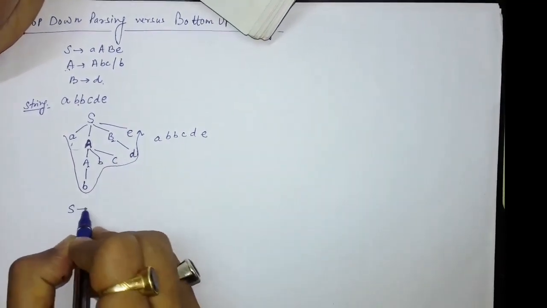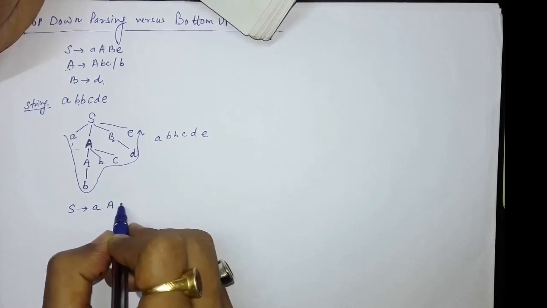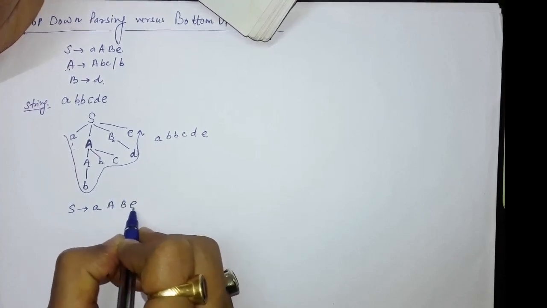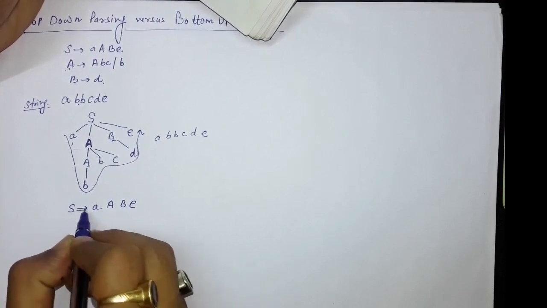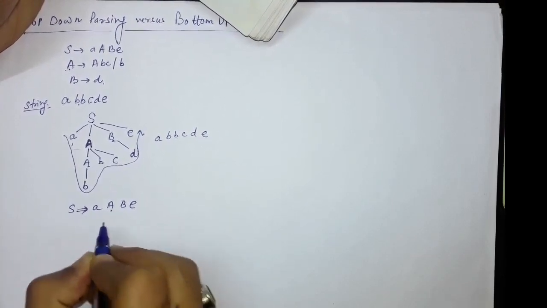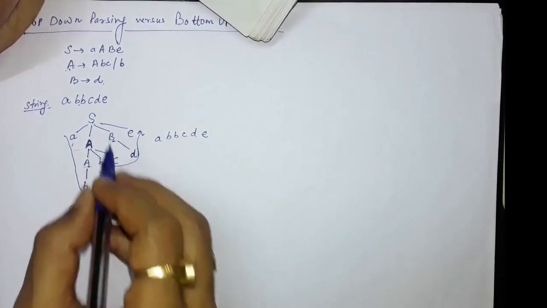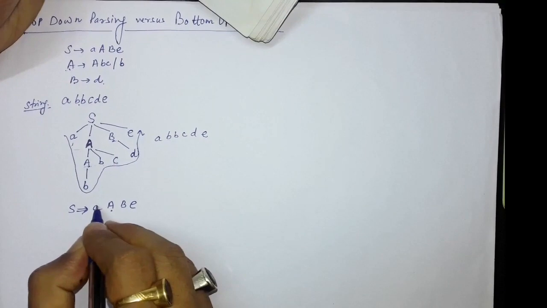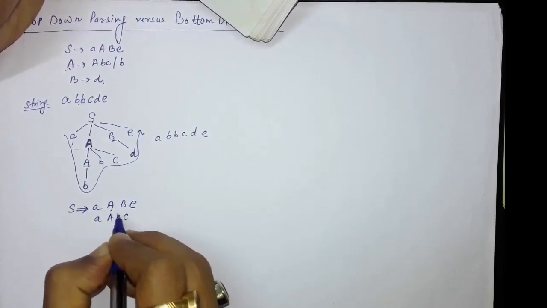So if you see what we have done here, we have taken S produces a, capital B, then e. So this was the first thing that we have done, and then after this we have taken this A to replace it with capital A, b, and c. So this a remains as such. So capital A, b, and c.